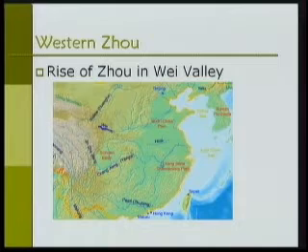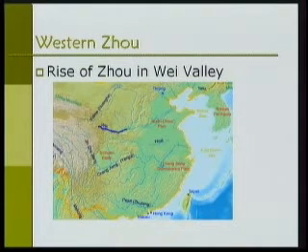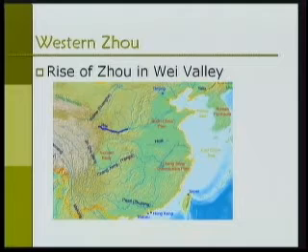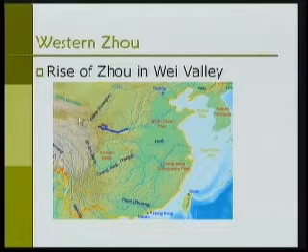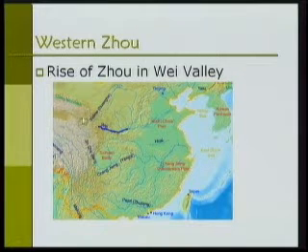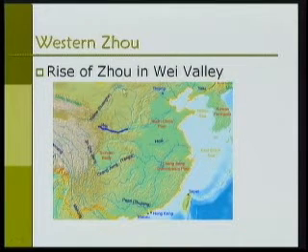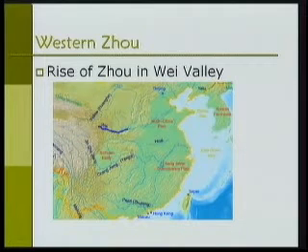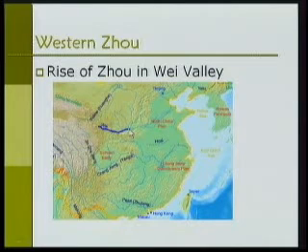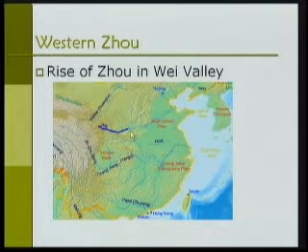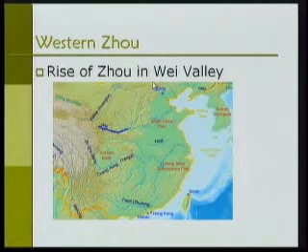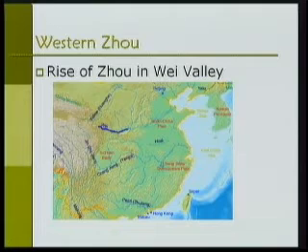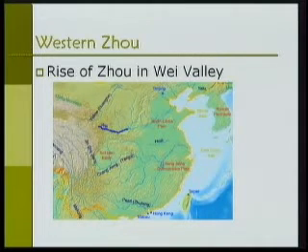This is the Wei River, moving from west to east, and in the east, right here, it meets up with the Yellow River that rises from here, goes north and then east and then south and then east. So here at this southeastern bend of the Yellow River, the Wei River meets up right there. And so this family, the Zhou people, came into power and established themselves in this valley.